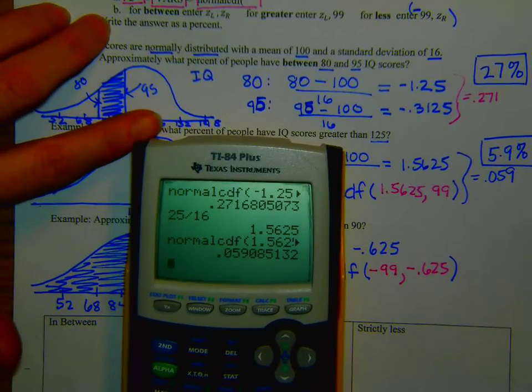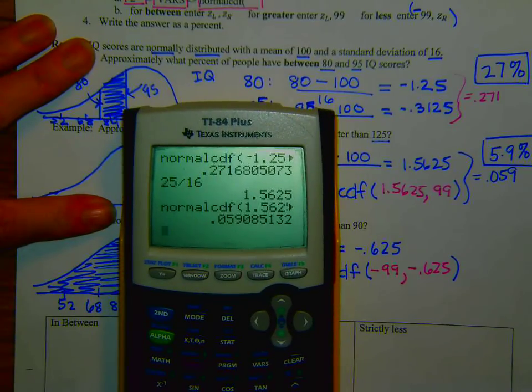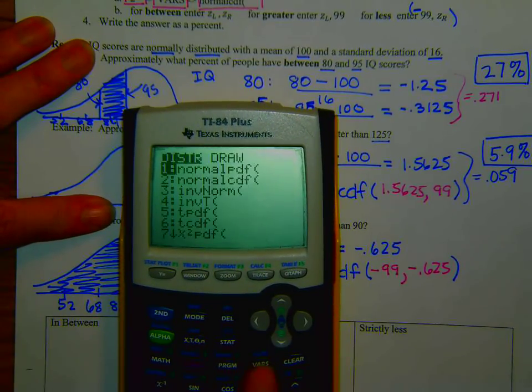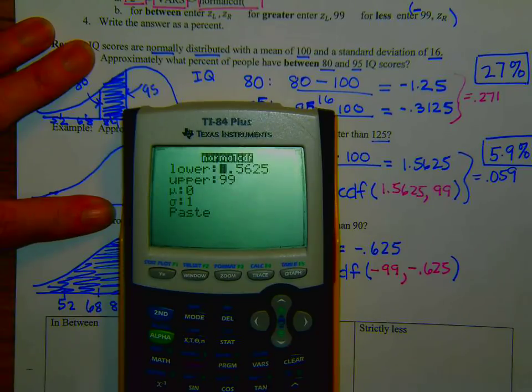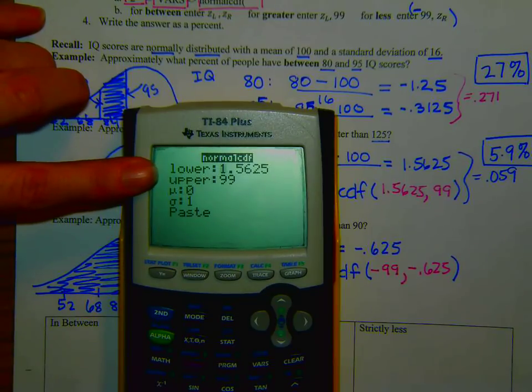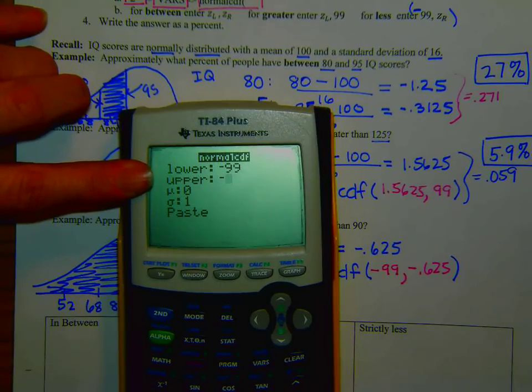Don't need the old normalcdf, so I'm going to clear that out. Okay. So 2nd, VARS, go down, enter, and on the lower end we want negative 99, and for the upper end negative 0.625.